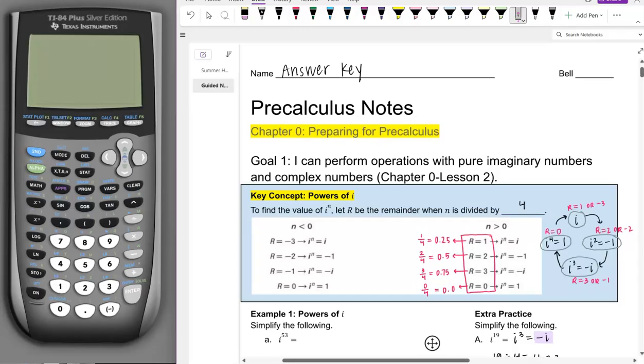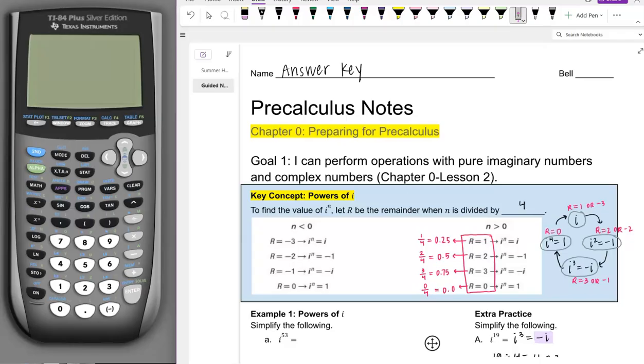And whatever the remainder is, r is the remainder, will tell you what step you're on. So, for example, if the remainder is 1, it's telling you that i to that power is just equal to i to the first. So that's here. With a remainder of 1, whatever you're trying to simplify is the same thing as i to the first.